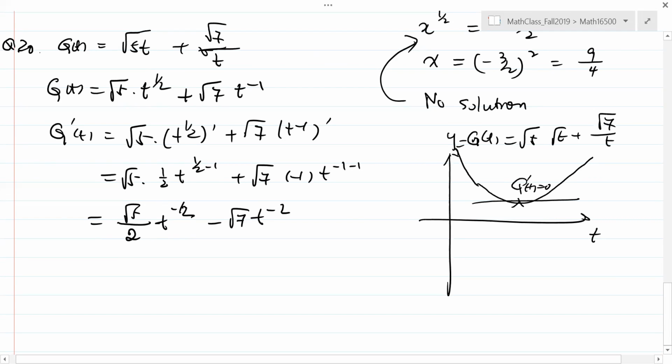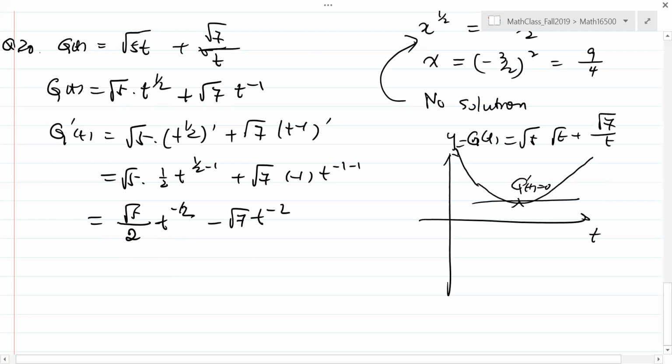But when t approaches infinity, you can ignore the second term because square root of 7 over t approaches 0. But the first term is a constant times square root of t, and square root of t approaches infinity. So that's why the graph has to go up. So both sides go up.